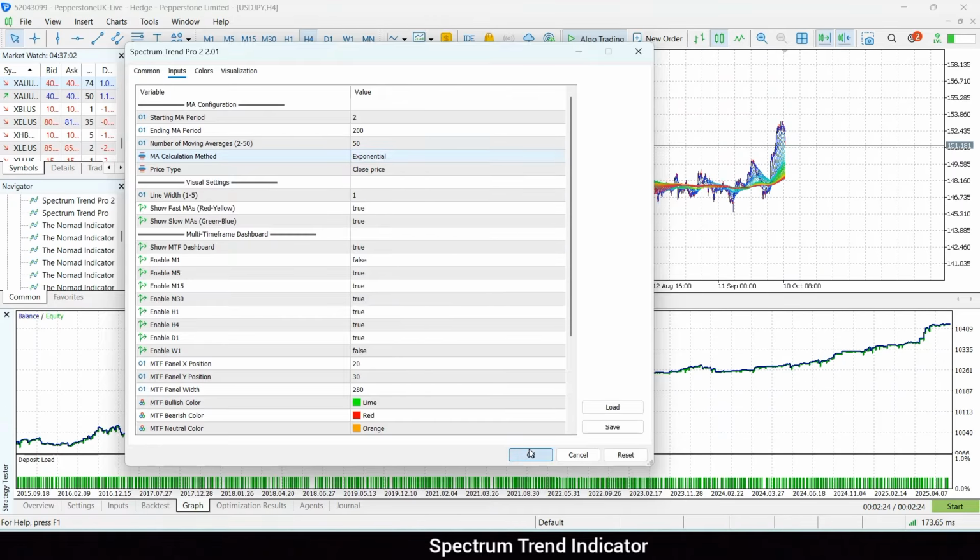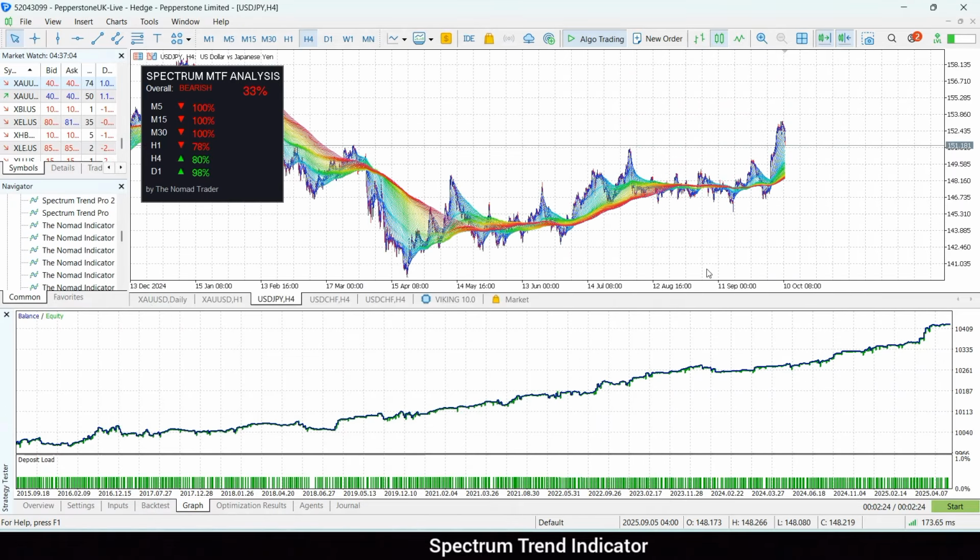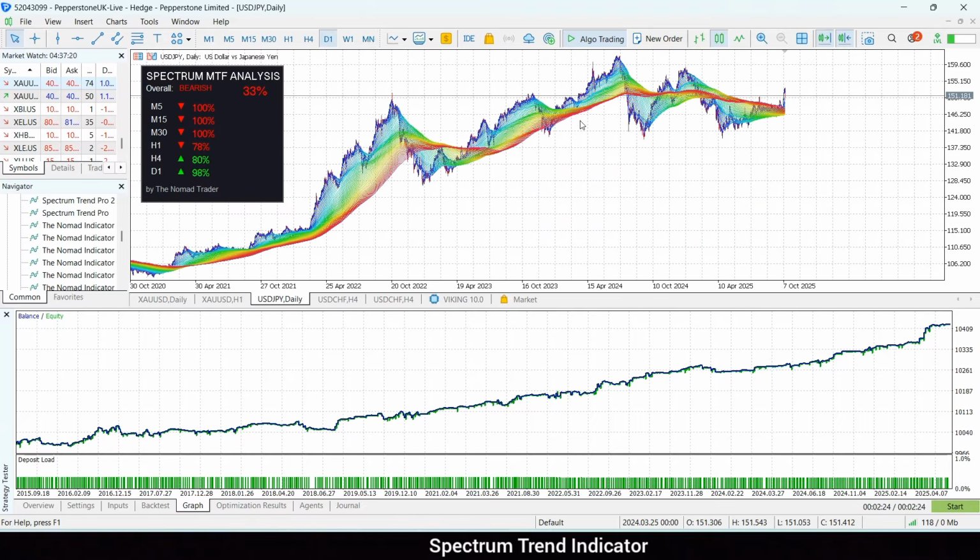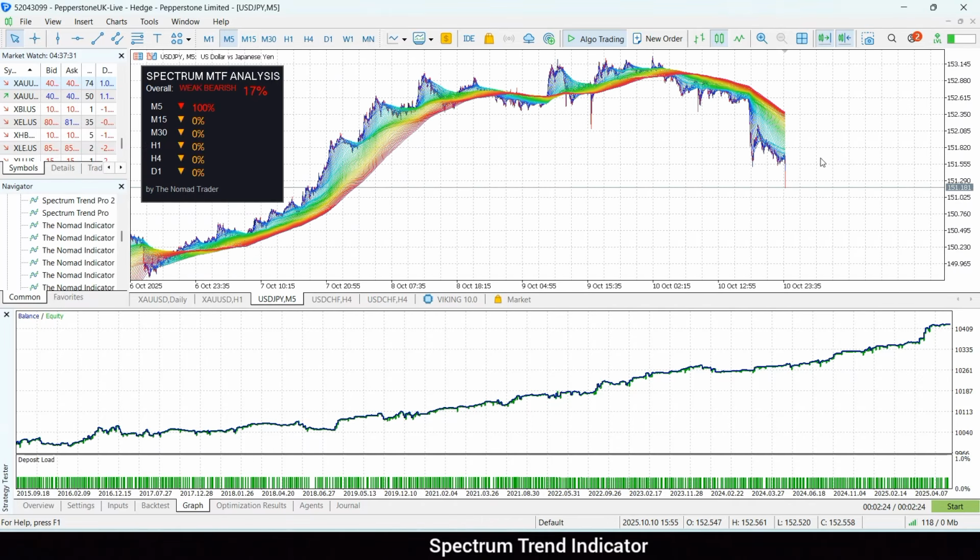So basically, this system is interpreting the market direction. For example, on the daily chart here, we have a very, very bullish momentum. But on the lower time frames, for example the 5-minute chart, we have a bearish momentum if you take a look at it.